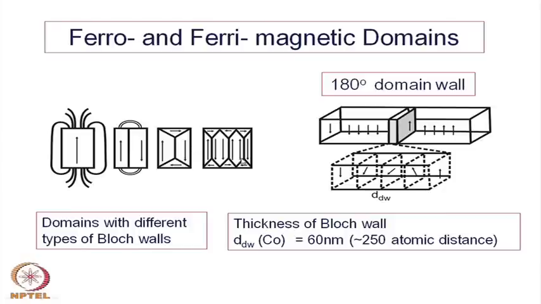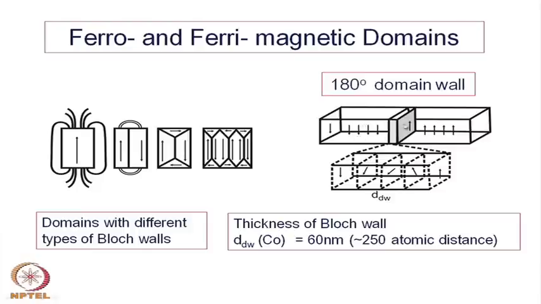Now, these domain walls, although we are talking about a changeover from one orientation to another orientation, have a finite thickness. This is a particular wall, a 180 degree domain wall. On the right side, the magnetic moments are oriented upwards, whereas on the left the magnetic moments are oriented downwards.